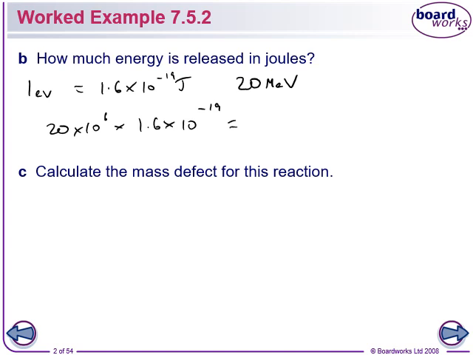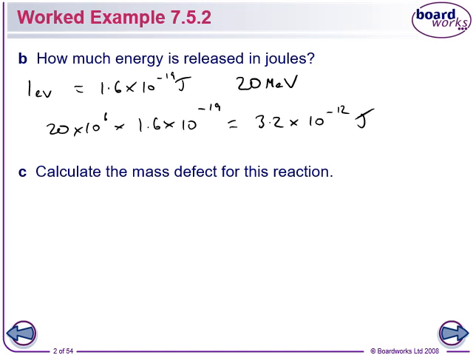Just like that. If someone wants to help me out with a working calculator, that'd be great. 3.2 times 10 to the negative 12. Thank you very much. And that's in joules. So we've converted our electron volts to joules.